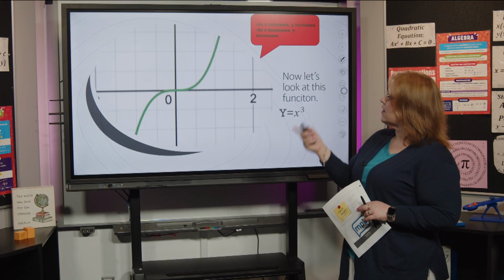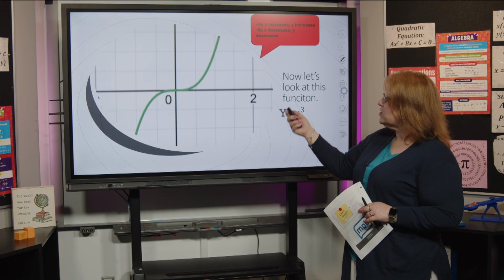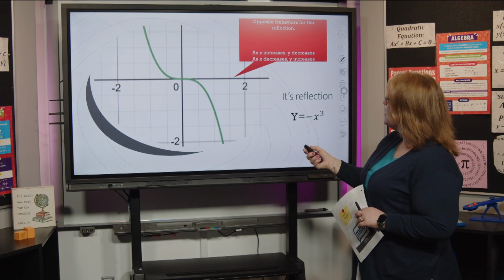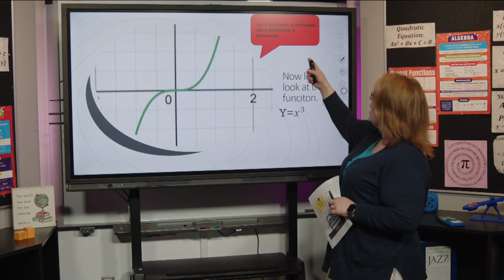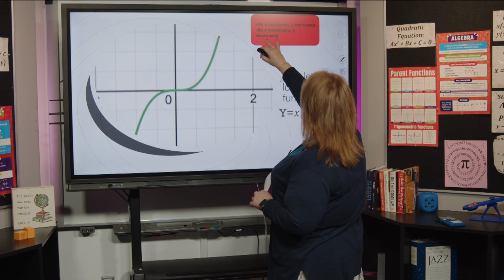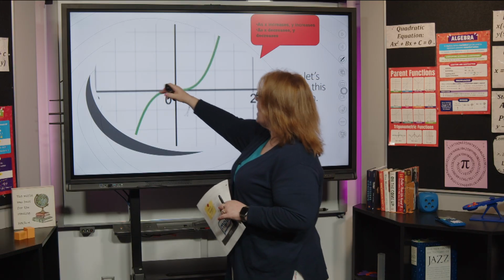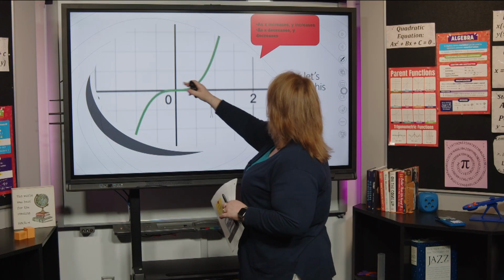So let's go back and look. There's our original parent function, and then there's the reflection. Can you see the difference? In our parent function, as my x increased, my y increased. And as my x's decreased, my y's decreased.